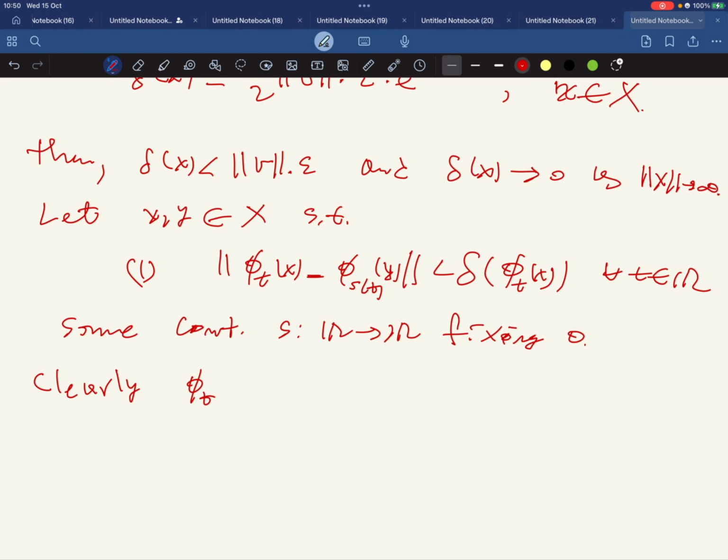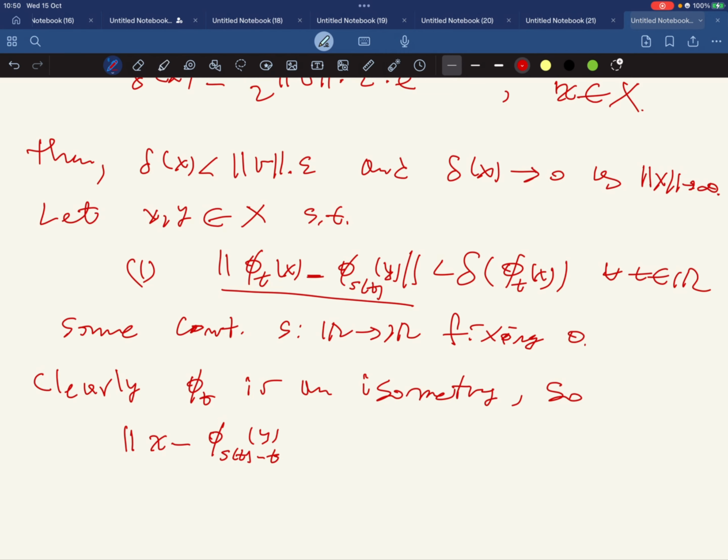Clearly, we can see it clearly. The time t flow is an isometry. Because of this we get that phi of s of t minus t of y is less than delta phi t of x. This is for every t.